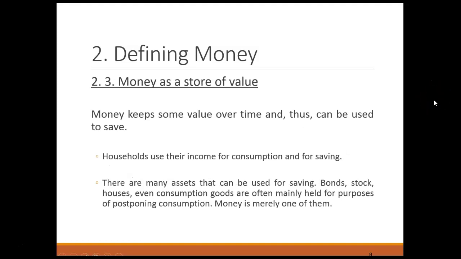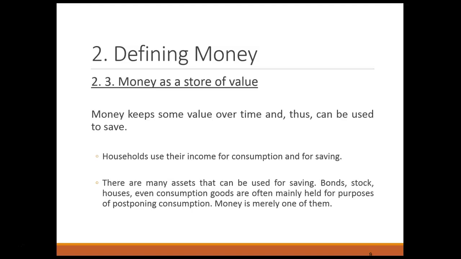The third function of money, meanwhile, is important in the context of financial markets. To be functional, as mentioned earlier, money needs to be able to keep some value over time. Consequently, we can use it to save, that is, to store value. Now, recall that households use their disposable income to either consume or save. Saving in this context then only serves to postpone consumption to a future point.